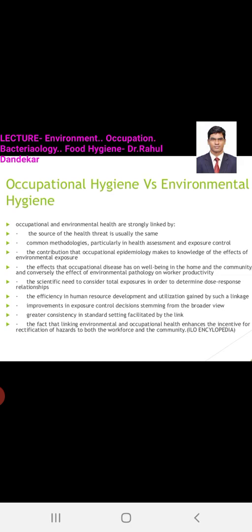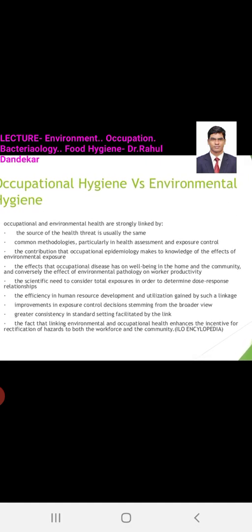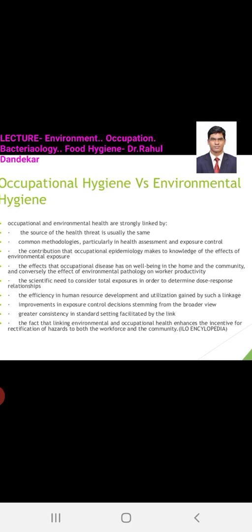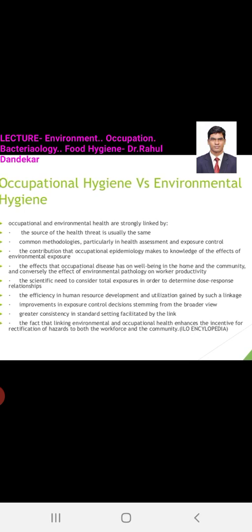Occupational epidemiology contributes knowledge of the effects of environmental exposure. Occupational disease affects well-being in the home and the community, and conversely environmental pathology affects worker productivity. There is also the scientific need to consider the total exposure in order to determine the dose-response relationship.